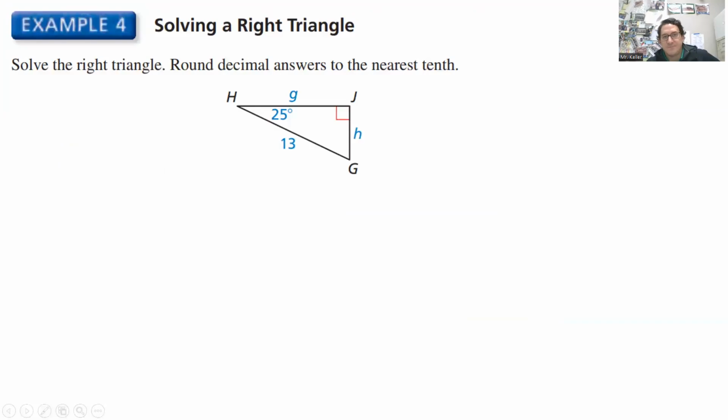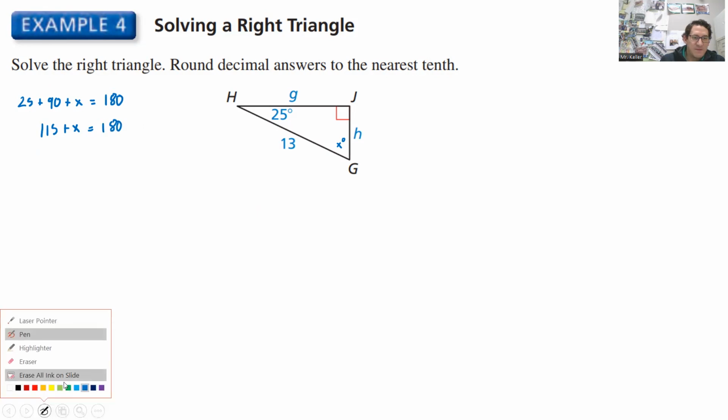Let's do another example where it looks like we're going to have to use some trig. So first thing I'm going to do is find angle G here. That's going to be the easiest thing. We'll call it X degrees. So 25 degrees plus 90 degrees plus the X degrees all need to add up to 180. 25 plus 90 is 115, plus X is 180.